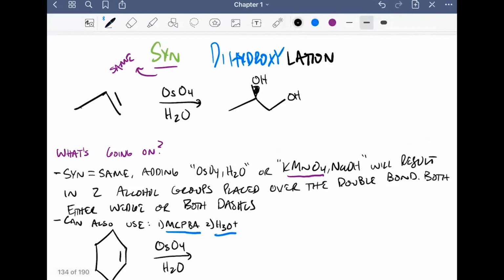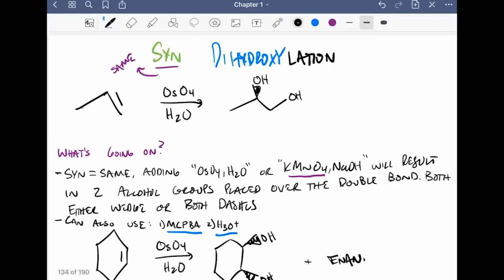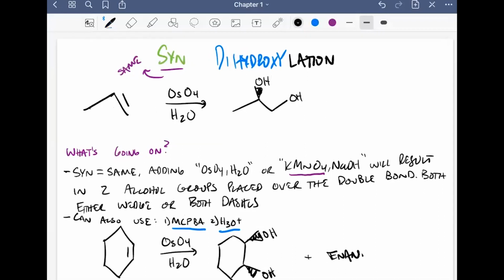So for this example, all we have to do is take out that double bond and either add two wedges or two dashes. I'll add two wedges for this one. And you could do plus enantiomer to show that there's another compound that you can make with this.